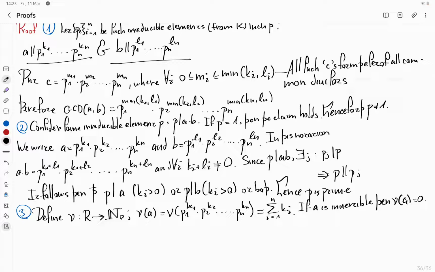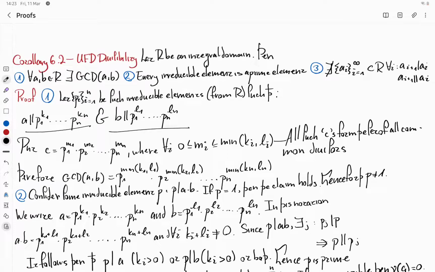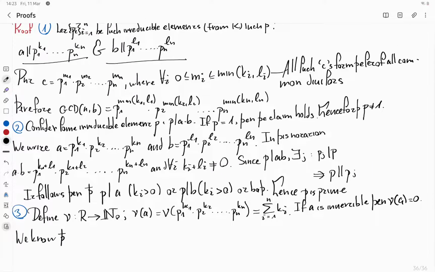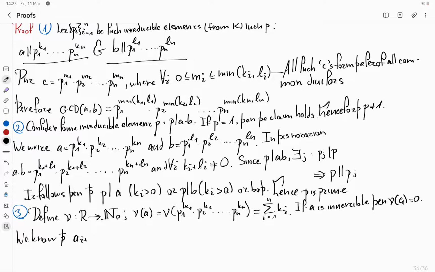Now, by the previous theorem, we know that A(i+1) divides A(i) only if nu of, so this strange norm we defined, of A(i+1) is smaller than the norm of A(i).